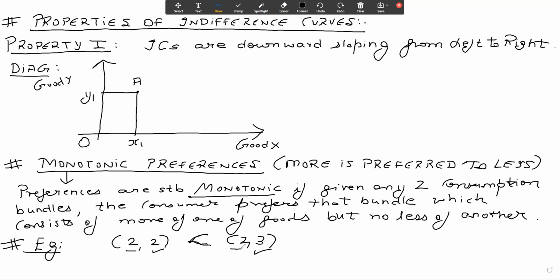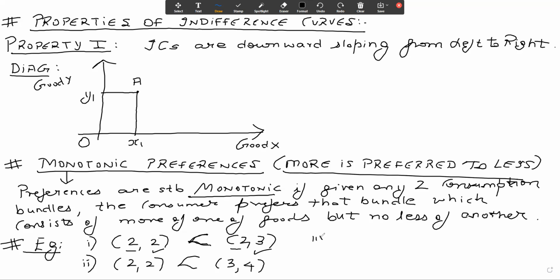Similarly, another example would be 2,2 and 3,4. You can clearly see the consumer again prefers 3,4 over 2,2, because it strictly consists of more of both the goods, and more is always preferred to less.